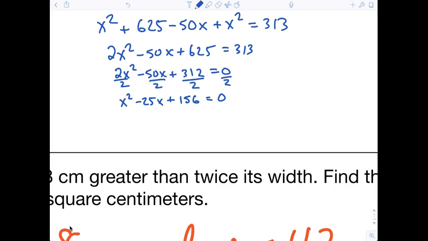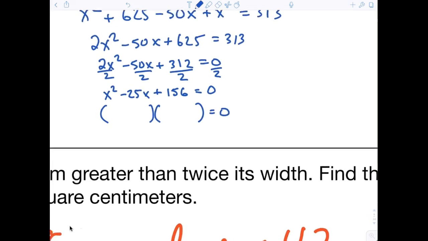Now I'm trying to figure out the factors of 156 that add to 25. Somebody tell me, what times what's 156? Try 4 times 78. Well, but listen to me now.